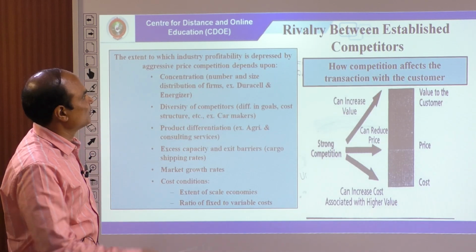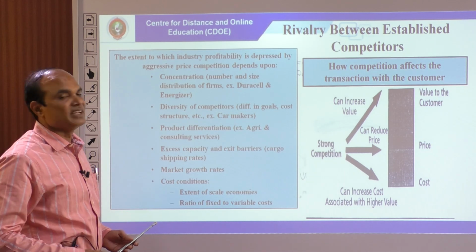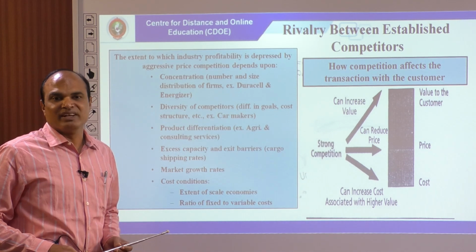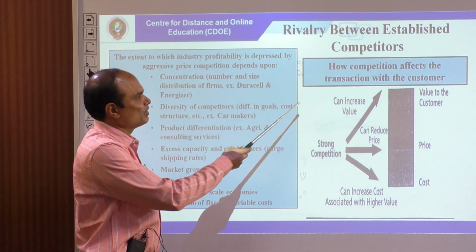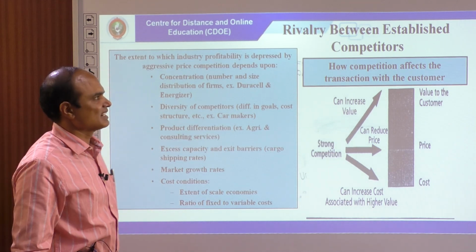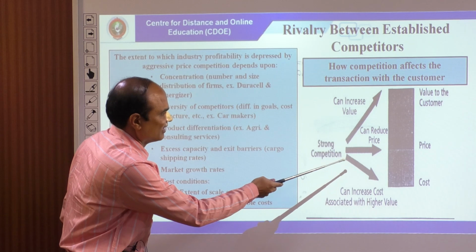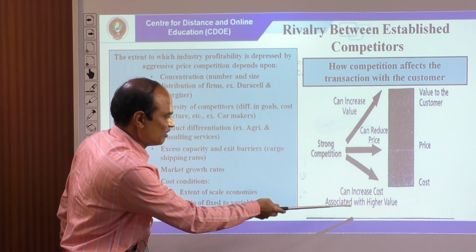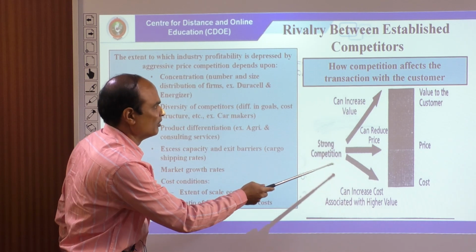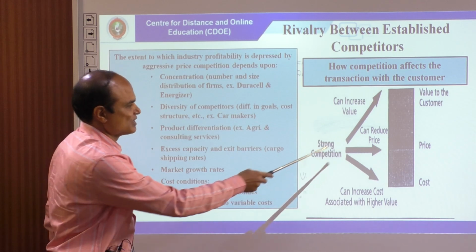Then we will move on to the second force, that is the rivalry between established competitors. Let us understand how this competition affects the transaction with the customer. Strong competition can either increase the cost associated with the higher value, or can increase value and reduce the price. So, this is possible.